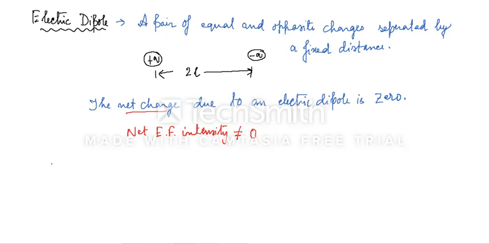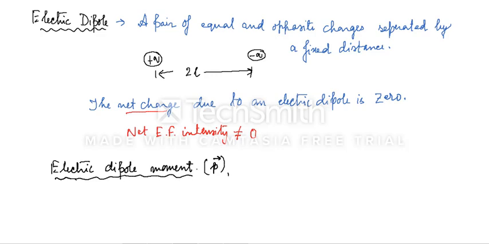Now electric dipole moment. Electric dipole moment, which is a vector quantity, is defined as dipole moment P equal to the magnitude of either charge times the distance between the two charges.